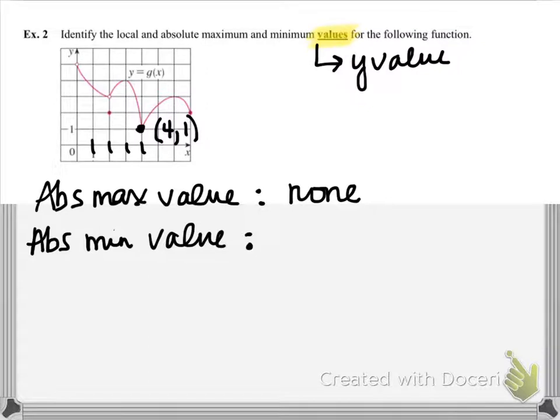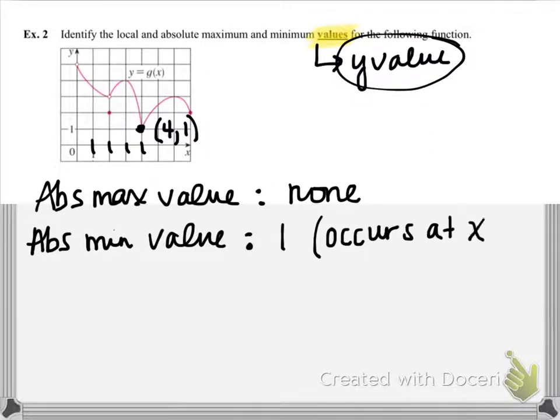But again, we're looking for the y value, so the absolute minimum value would be 1. If you were asked where it occurs, you could say that this absolute minimum value occurs at x equals 4. But in this case, the way this problem's worded, if they just want the absolute minimum value, then you would just give an answer of 1.